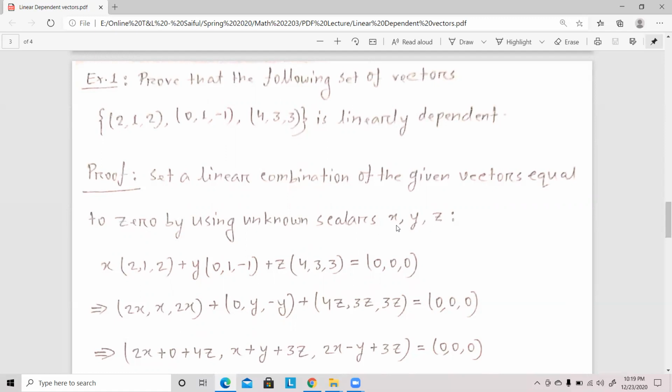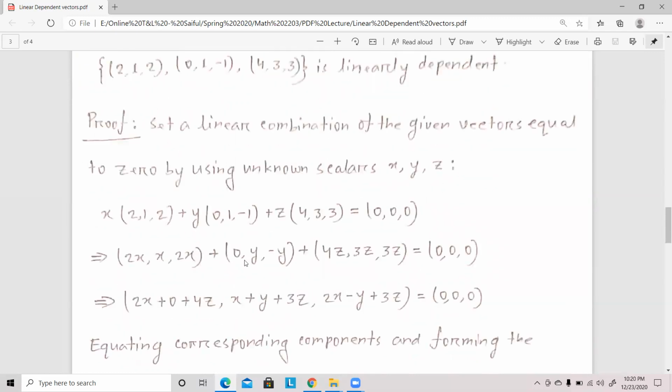Here it could be alpha 1, alpha 2, alpha 3, but here x, y, z have been taken. Anyone can take alpha 1, alpha 2, alpha 3 instead of x, y, and z.